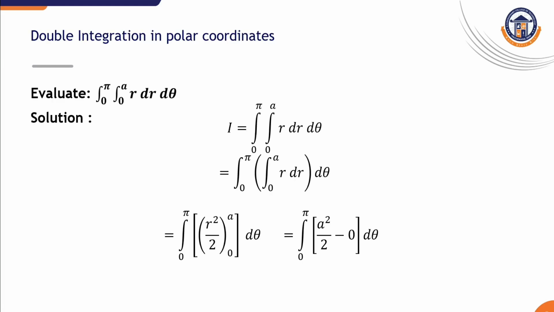Now another one. In multiple integrals, a very important area is double integration in polar coordinates. How do we solve the double integral problem in polar coordinates? First we see the given problem: evaluate the integral 0 to pi and 0 to a of r dr dθ. When the integration is with respect to r and θ, it is a polar coordinates problem.